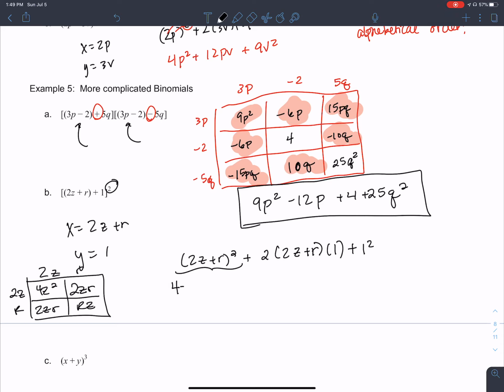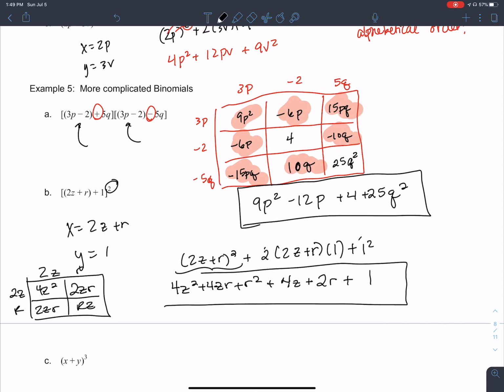So we get 4z squared plus 4zr plus rz plus... no, 4. 2 times 1 is 2, right? So 4z plus 2r plus 1. Awesome. So that's a good one.